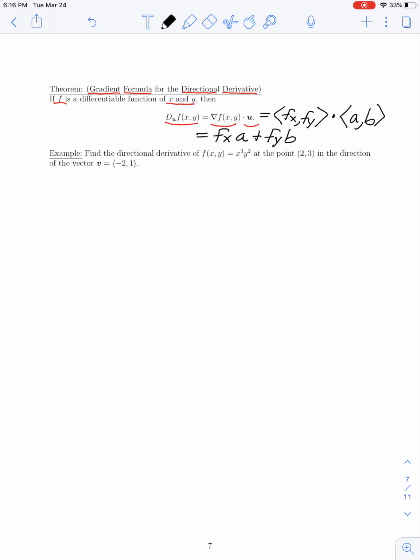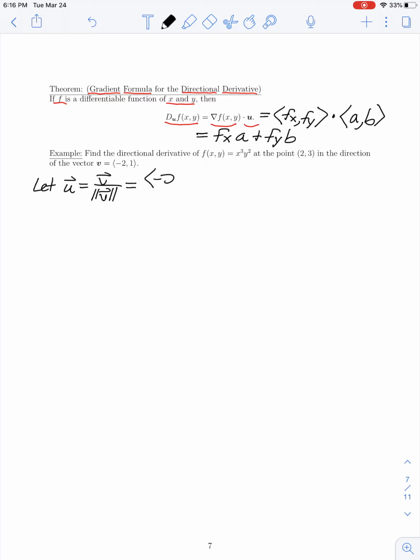So let's look at some examples of finding a directional derivative of a function making use of this gradient formula. In our next example, we're asked for a directional derivative of the function at the point (2, 3) in the direction of this vector v, whose components are negative 2, 1. So as always for these directional derivative problems, our first step is to find a unit vector specifying the direction of motion.